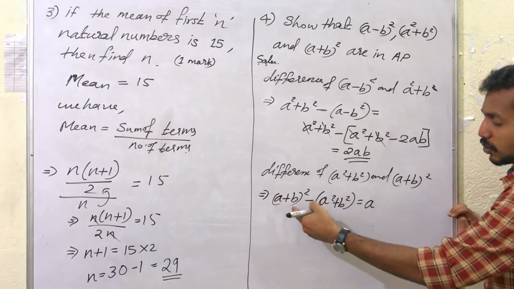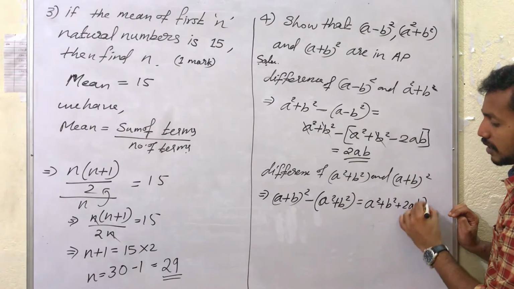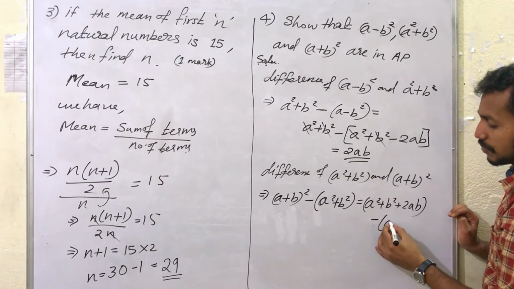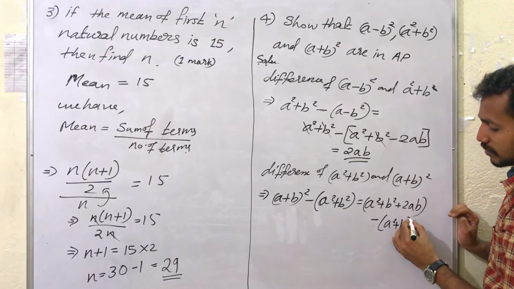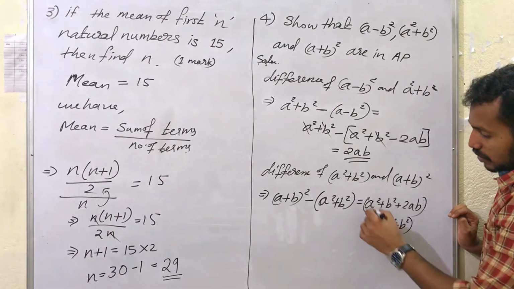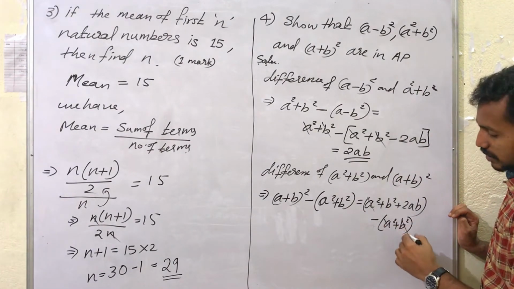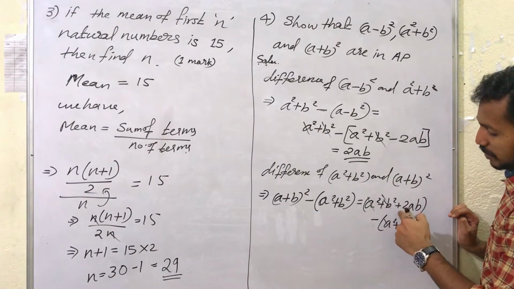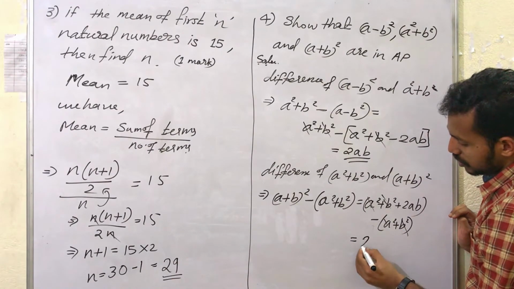What is (a plus b) whole square? a square plus b square plus 2ab minus a square plus b square. Plus a square and minus a square cancel, plus b square and minus b square cancel. What will you get? Plus 2ab, which is equal to plus 2ab.